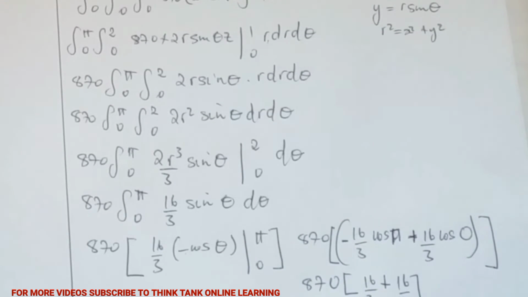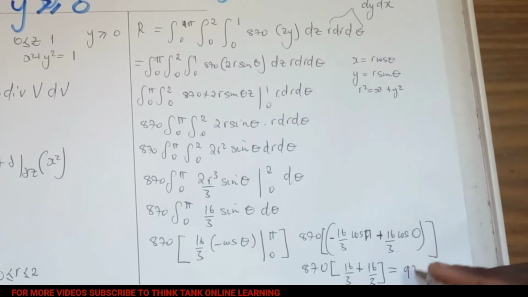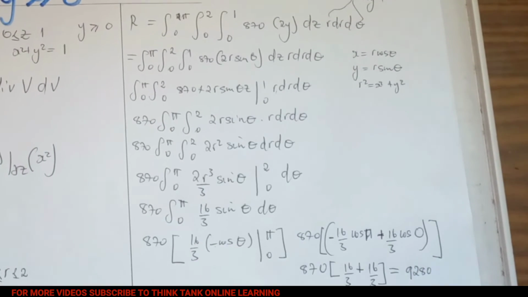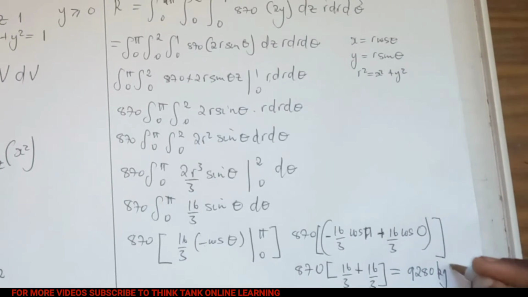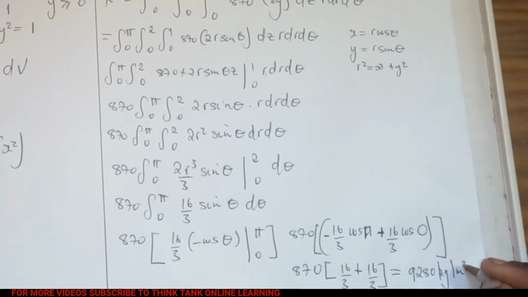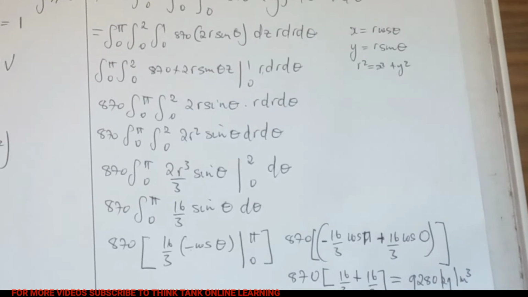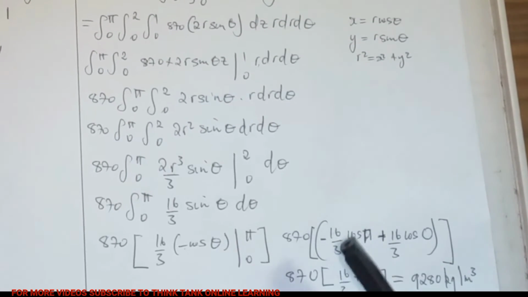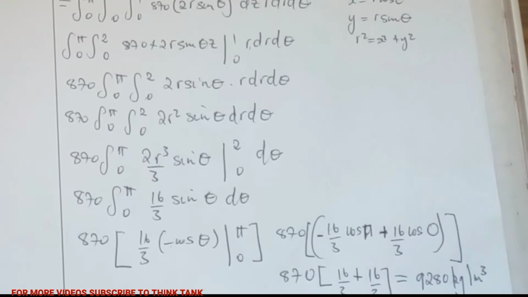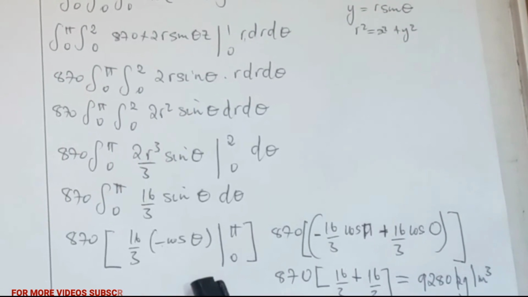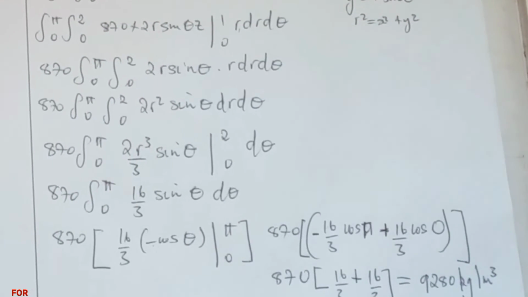Okay, and if you take a calculator, 9280 kilograms per cubic meter. Okay, so this is the first method, and I'm going to show you the second method.